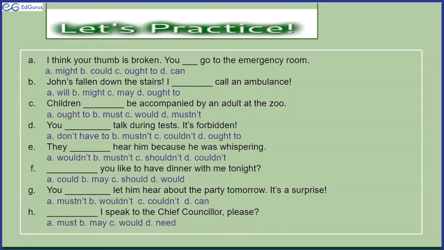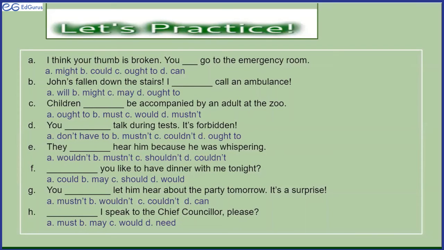They could not. Right. They couldn't hear him because he was whispering. It's the past form. Why? Because the sentence is in the past tense. Because he was whispering. Right? And the situation suggests his inability to hear.